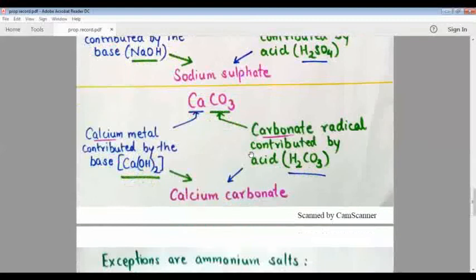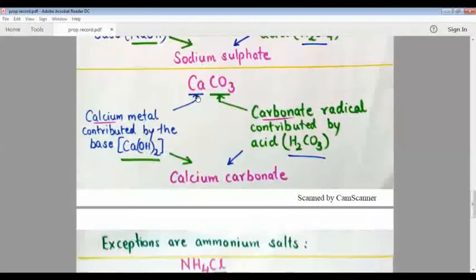Next example, CaCO3. Again we need to predict the first part. If you notice, every time the first part, which is a positive part, comes from a base. So please do remember, the first part, the positive part, will come from your base, and the second part, which is the negative part, will come from the acid.